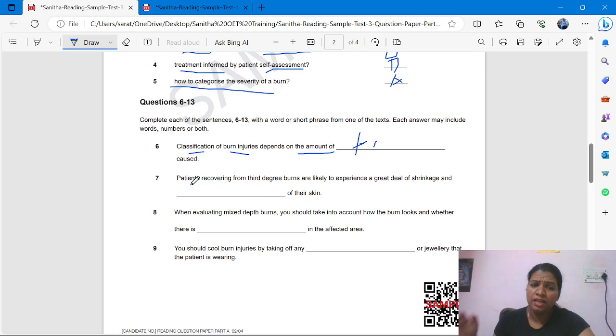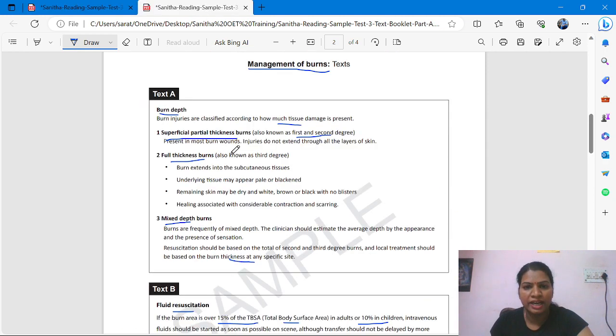Second one: patients recovering from third degree burns. You have to find the keyword, third degree burns, are likely to experience a great deal of shrinkage and dash of their skin. You have to read here.